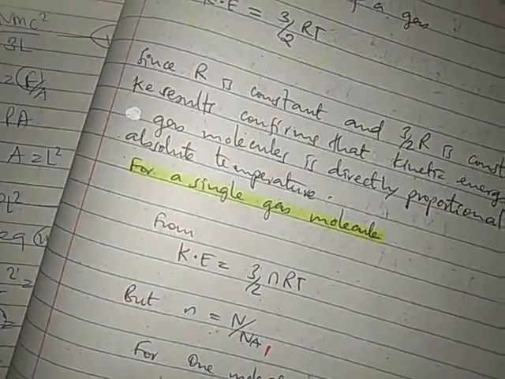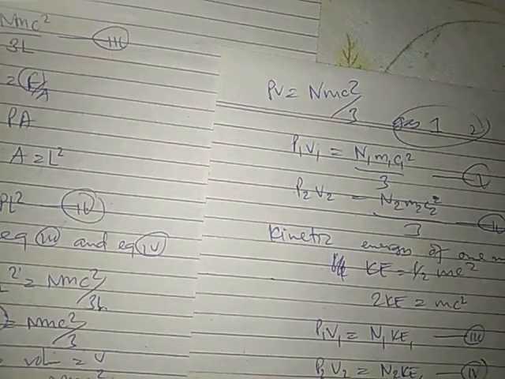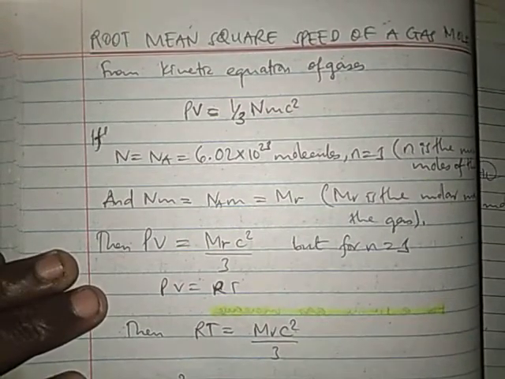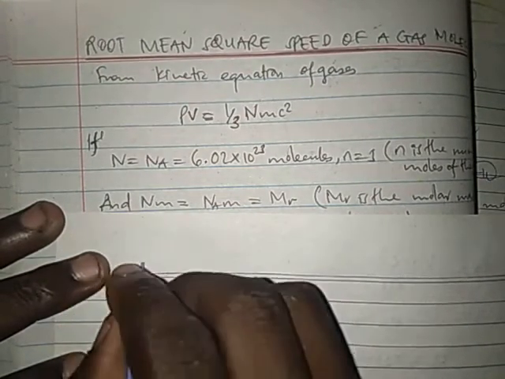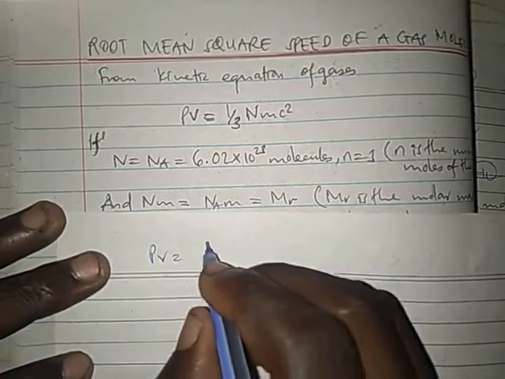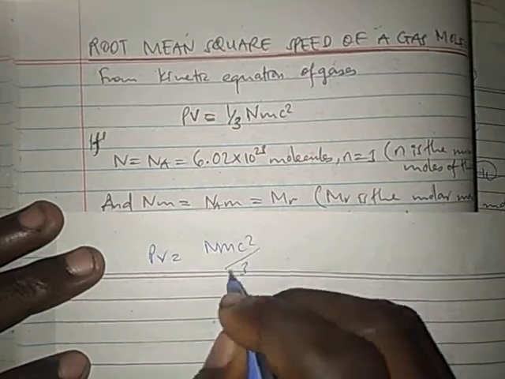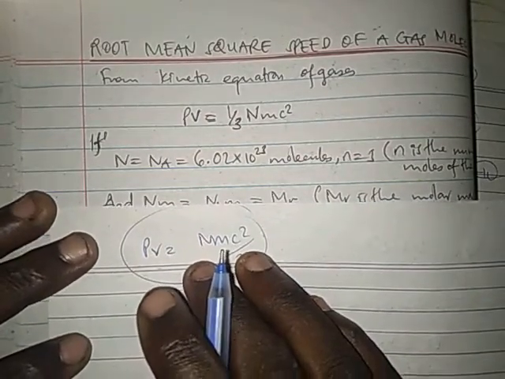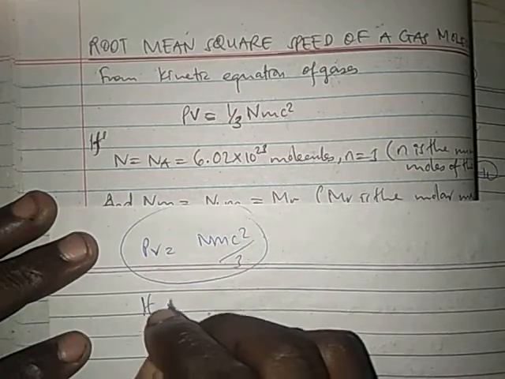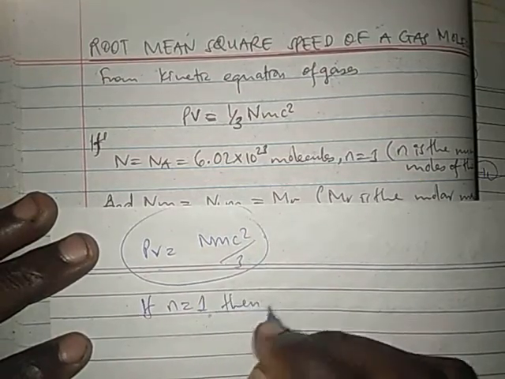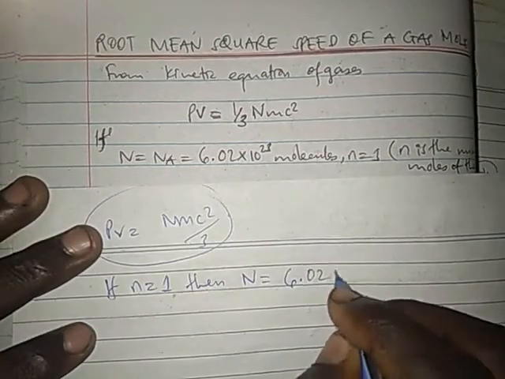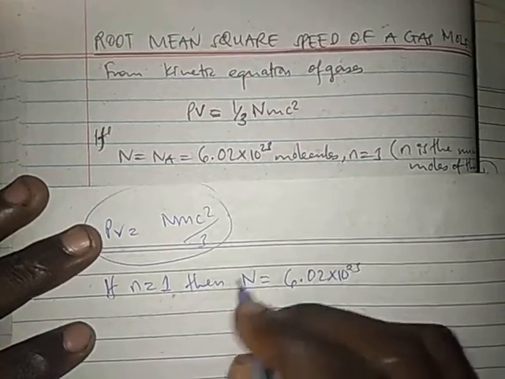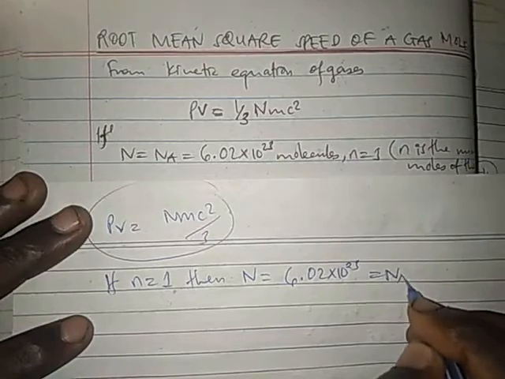Also, in the case of root mean square speed, this is like the average speed of a single gas molecule. So from PV is equal to nmc square divided by 3, if the number of moles is equal to 1, then the number of particles n is equal to Avogadro's number, 6.02 times 10 power 23. n is equal to Na, Avogadro's number.